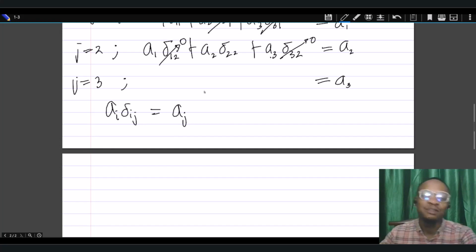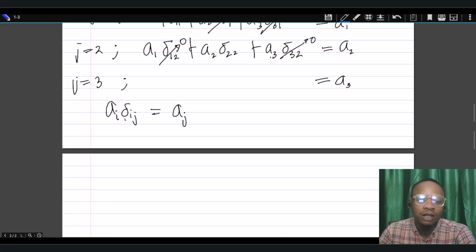Let us repeat that again. Looking at this now, this has a_i and we have delta ij. What are the subscripts of the Kronecker delta? i and j. What does it have in common with a? It has i. So we can ignore the Kronecker delta, and the subscript that it has in common will now be replaced by the other subscript.